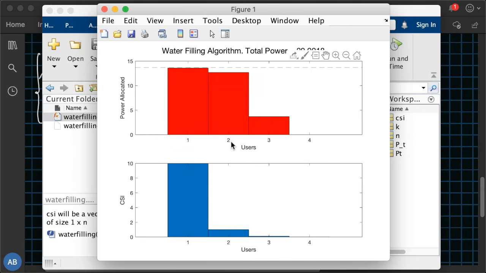Now, as you can see, the better the channel is, the more power I allocate to this channel. Now, as the CSI decreases, we can see that the power that should be allocated to a bad channel should be lower. In the extreme case where the channel is really bad, we allocate no power whatsoever.